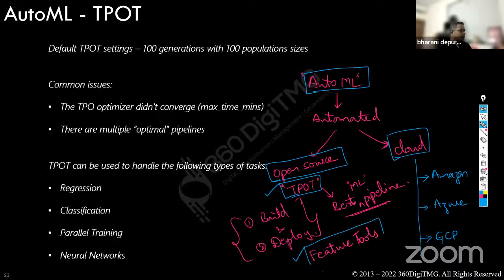Post that, we will get into Featuretools. And finally, after all these things are completed, we should also talk about something called explainable AI, how explainability is being built into the models. So that is all that we are going to do.